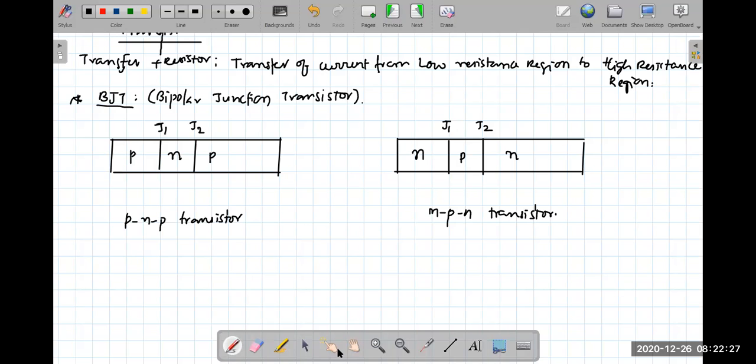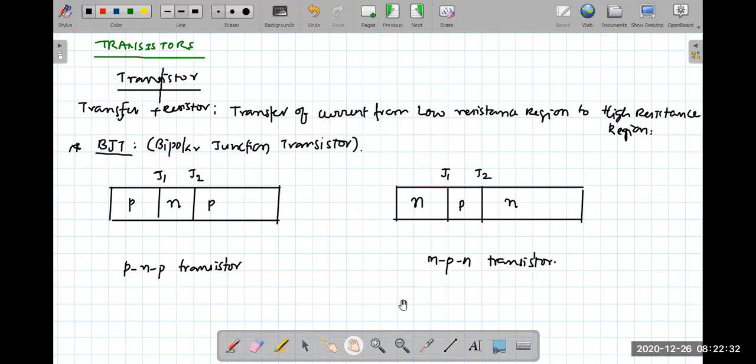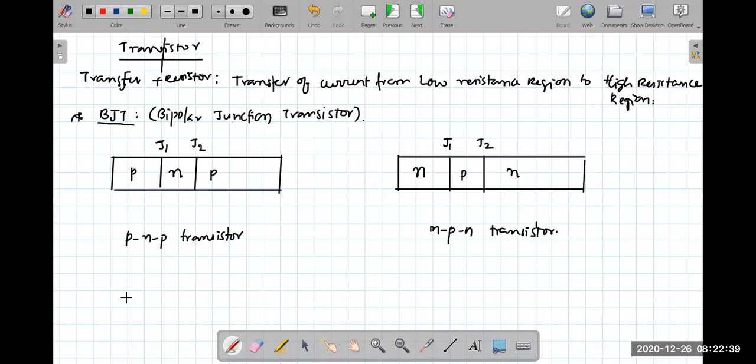The reason is that if there were two junctions, J1 comma J2, then I would have called it bijunction transistor, right? Bi means two. Bijunction means two junction transistor.